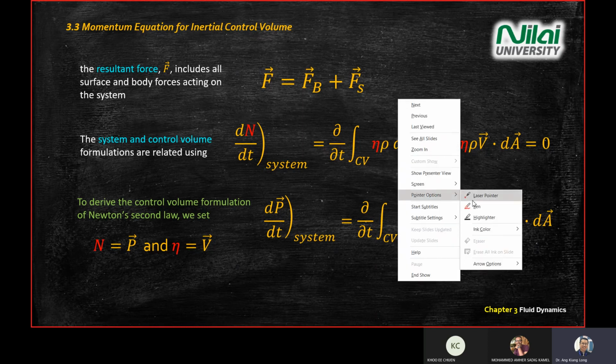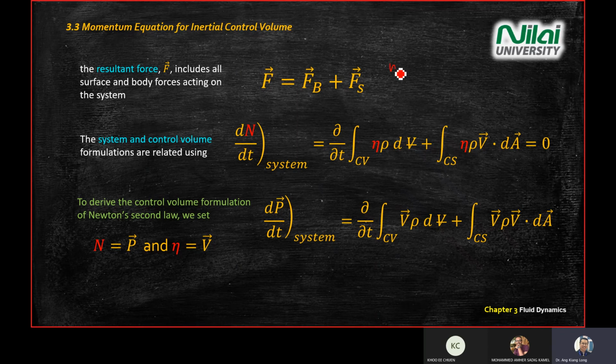So just recap, what is the definition of momentum? Momentum equals mass times velocity, all right? And when we develop the equation, we use Newton's second law, F equal to ma. We can expand the acceleration in the equation, which is v divided by t.